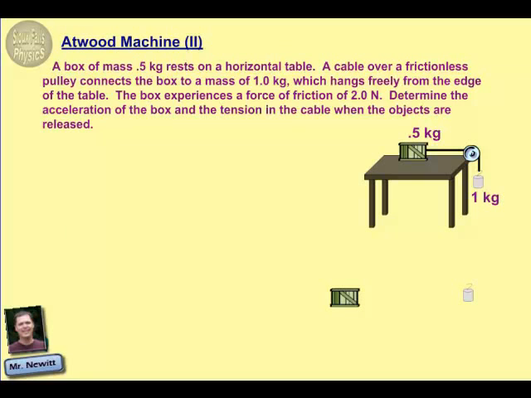Let's start with the box that's resting on the table. Of course, the box is going to have a certain amount of weight that is down, and if the box itself is 0.5 kilograms, that means that weight would be approximately 5 newtons. It's also going to have a normal force from the table directed upward that would also be 5 newtons.